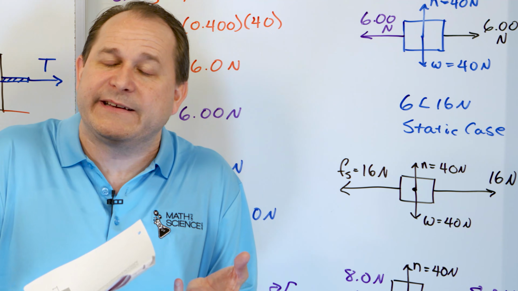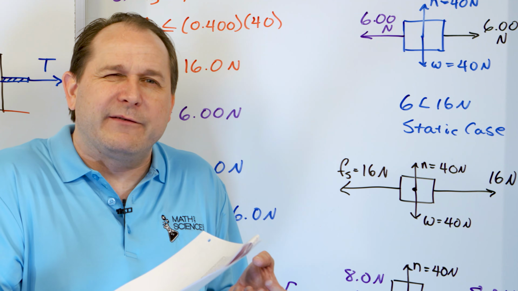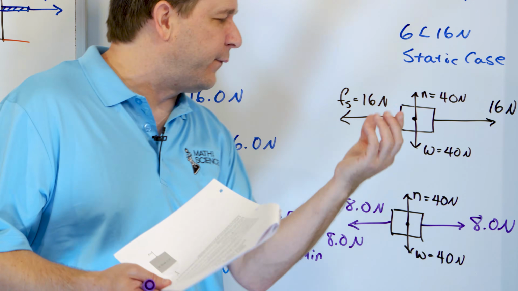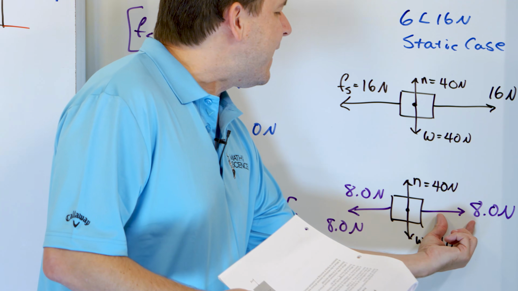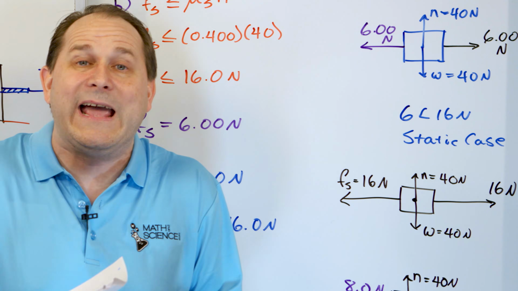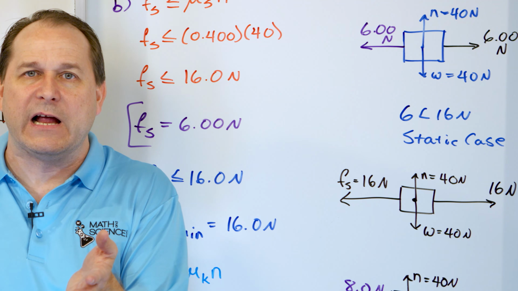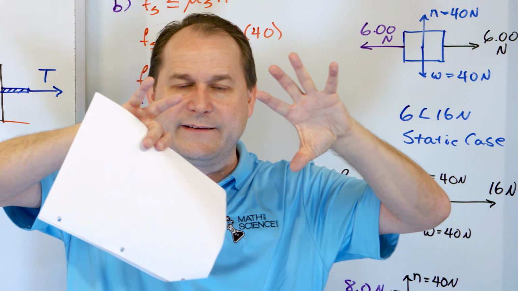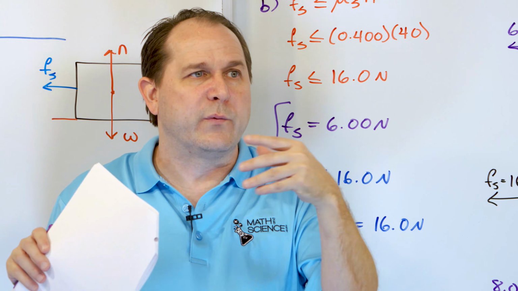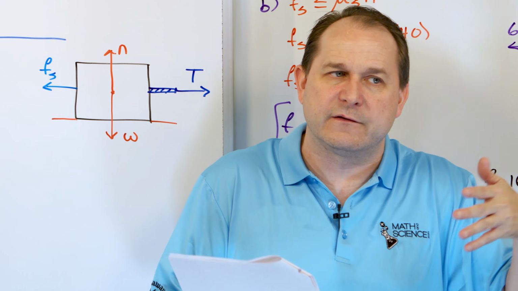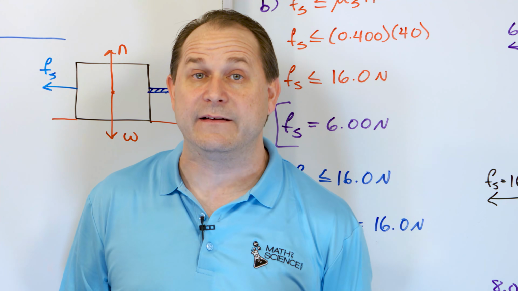We were pulling with 16 and it wasn't moving, but we just got it going, and then suddenly the friction force drops to 8 newtons. So then we have to apply a forward force of only 8 newtons to keep it moving at a constant velocity there, because then both forces will be balanced and it will still be sliding along with whatever velocity you broke it free at. It will keep moving at that speed.